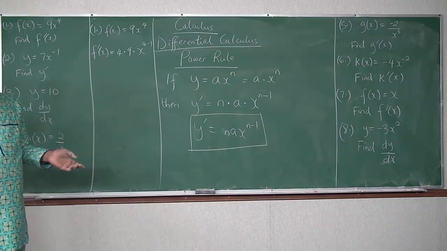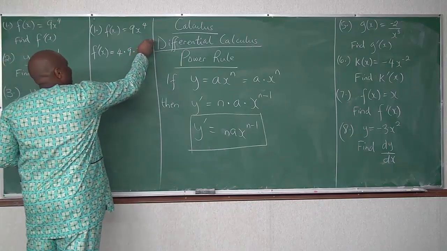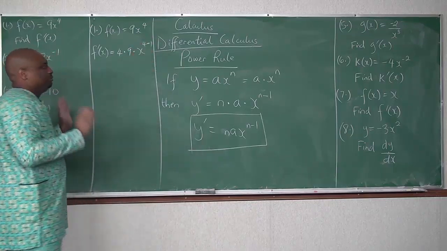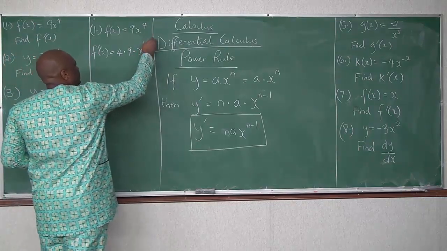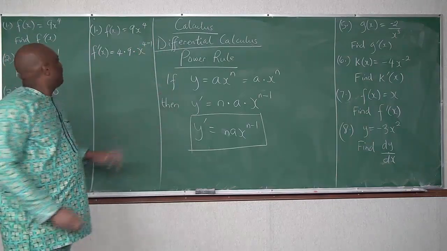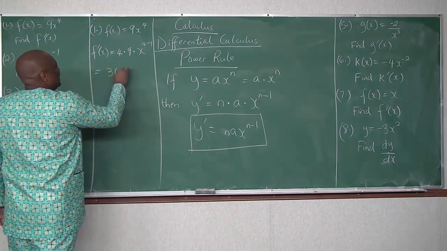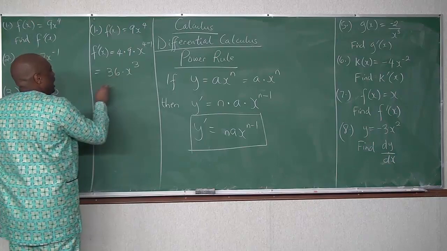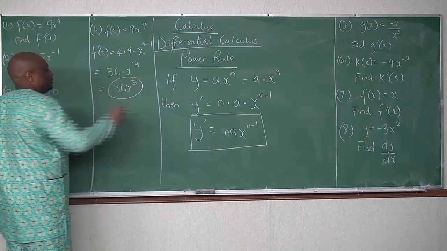You see that? Because once you do it step by step, you will not get it wrong. I know why I'm breaking this down, so that you don't mess up. 4 minus 1. So you just follow it. So this will be 4 times 9, which is 36, times x cubed. That will be 36x cubed. That's the answer.